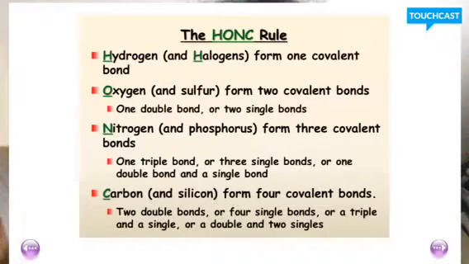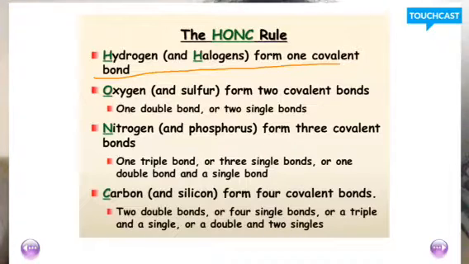The first thing that you need to remember: hydrogen and halogens, which means elements from group 7, they form 1 covalent bond or 1 single bond.